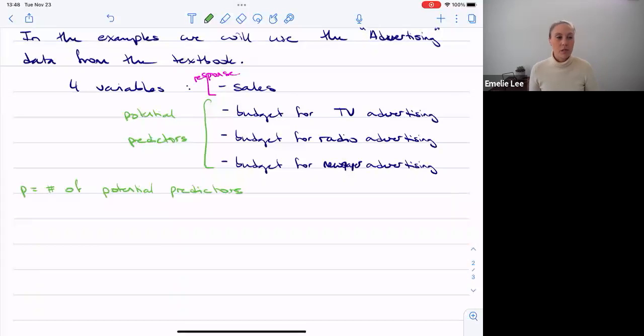We're going to refer to P, so that's why I want to bring it up. So in this case, P equals 3. We have 3 potential predictors, and we're going to build models and see which model is the best at predicting the sales, given some input of the budget for either TV, radio, or newspaper.